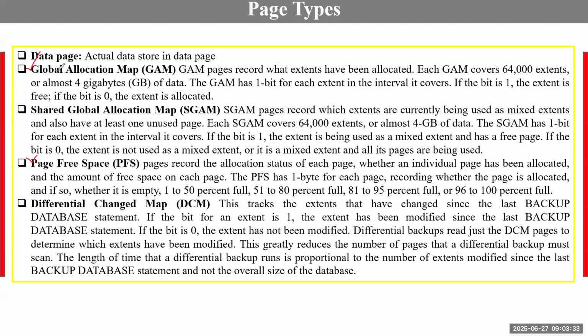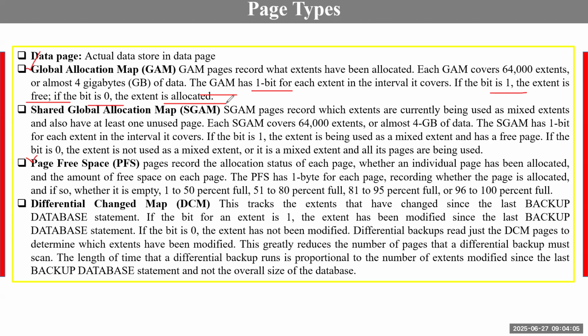Is Microsoft tracking the information, sir? Yes. Internally, for each extent in the GAM, if the bit is 1, the extent is free. If the bit is 0, the extent is allocated. So internally, Microsoft is tracking: if the extent bit is 0, that is allocated.